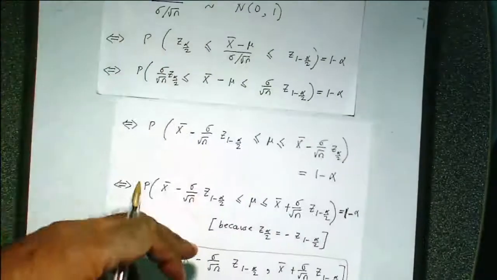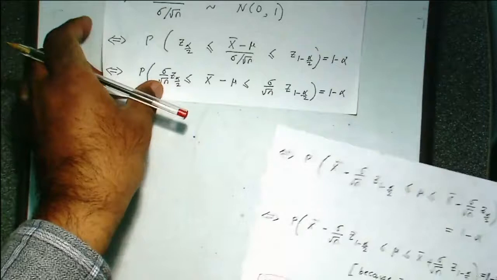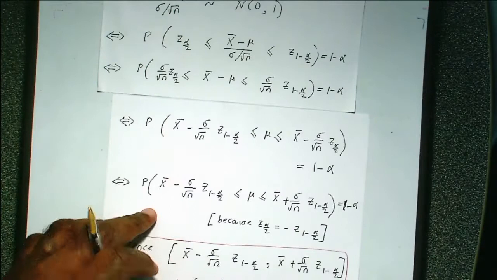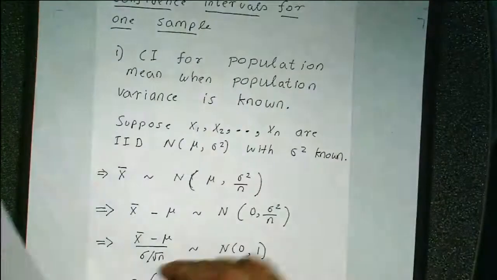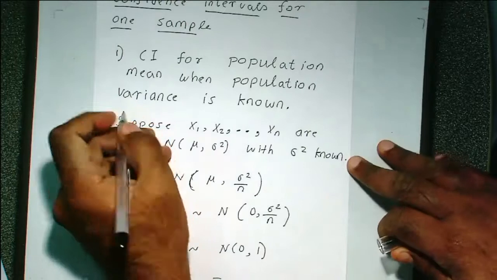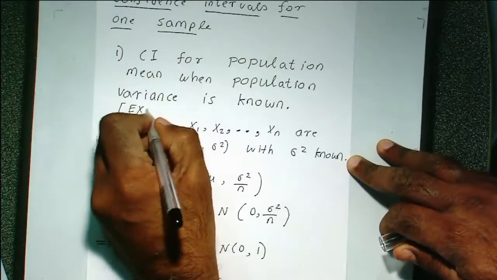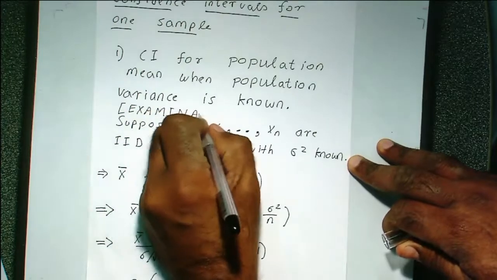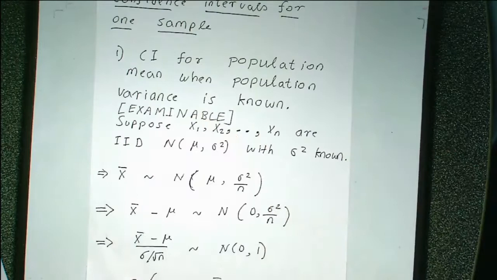You will need to know them for the one sample case, but not for the two sample case. So this derivation is examinable. You know what I'm saying? So maybe I should write it down here: this is examinable.